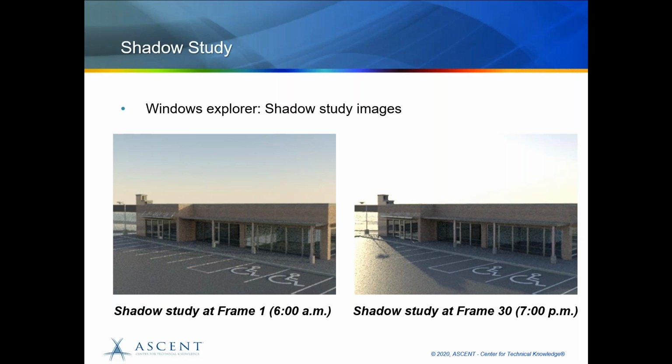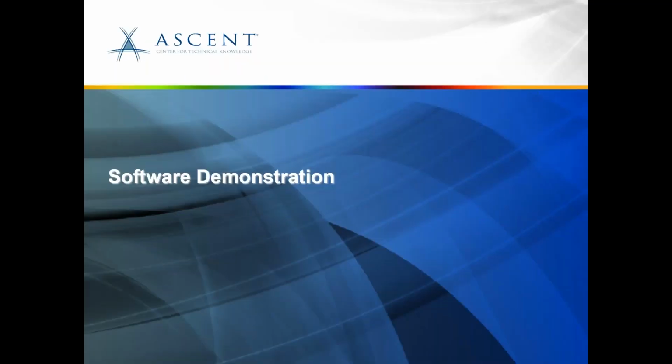You can see how the sun is creating different shadows because it's setting from the west and creating those long shadows. And in the morning, it's rising from the east, and you can see how it is creating those shadows. So those are the two images.